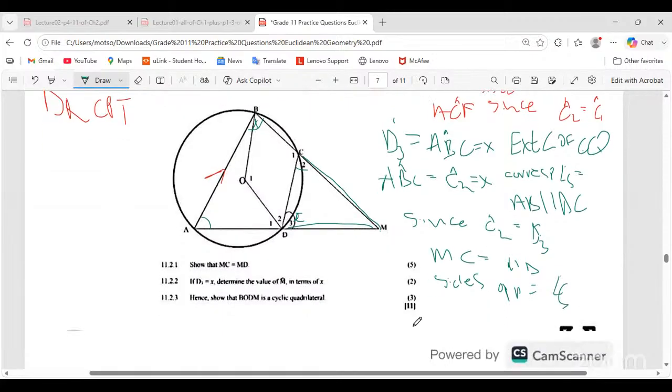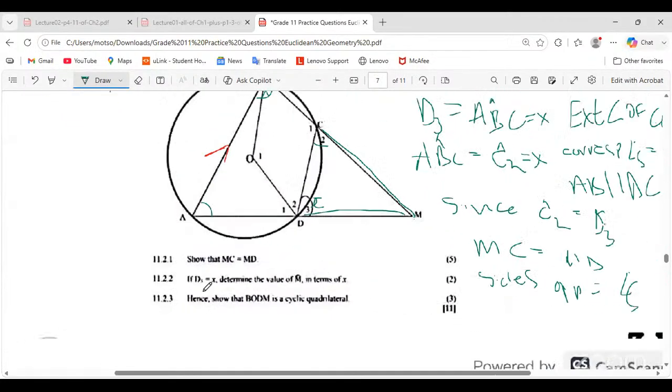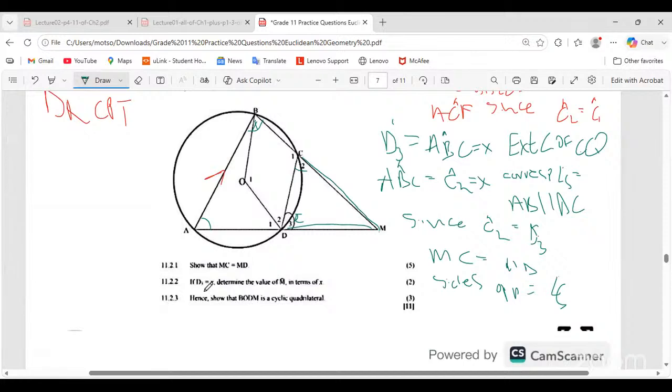Now let us go to the next question, which is 11.2.2, which states that if D3 is equal, is it this 3? Let me just confirm this here if it's D3 or D1. I'm not sure if I see it correctly. Let me quickly check it here.